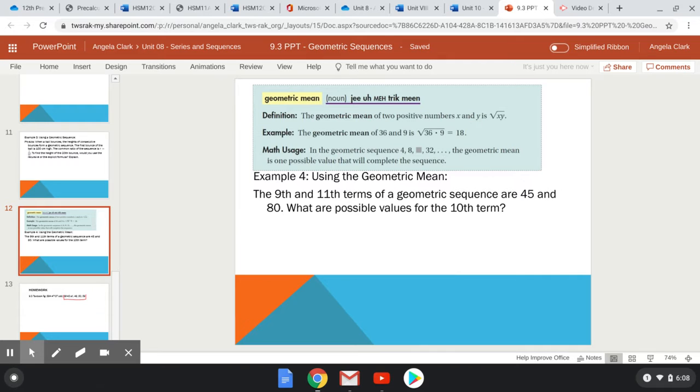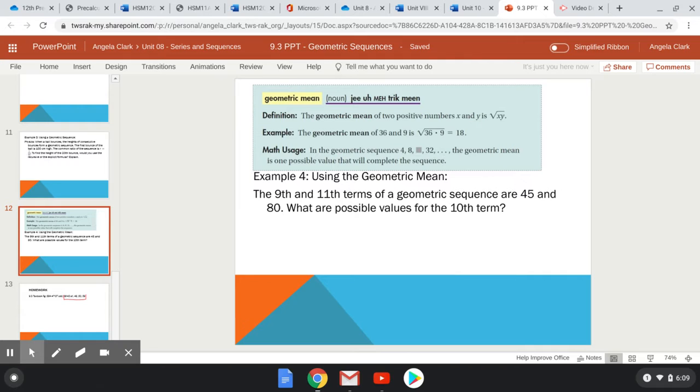So that's what the geometric mean does. It helps you find a term that's in between two terms for a geometric sequence, just like we used the arithmetic mean to find a term in between two other terms in an arithmetic sequence.